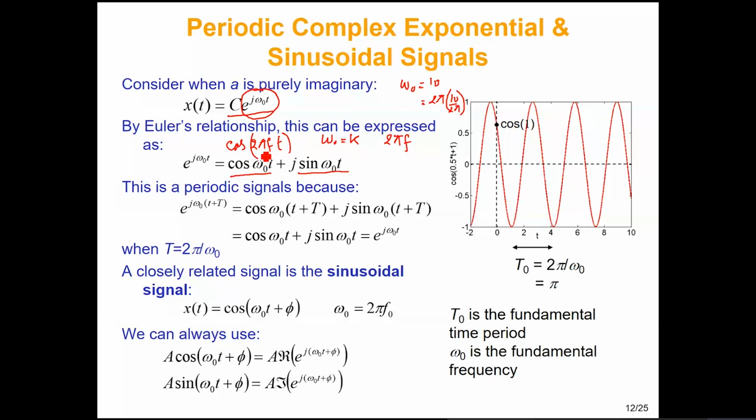And not only that, omega naught itself for continuous time we call angular frequency. I hope you have already used this term, angular frequency. And f is the frequency which is the one we know in hertz.